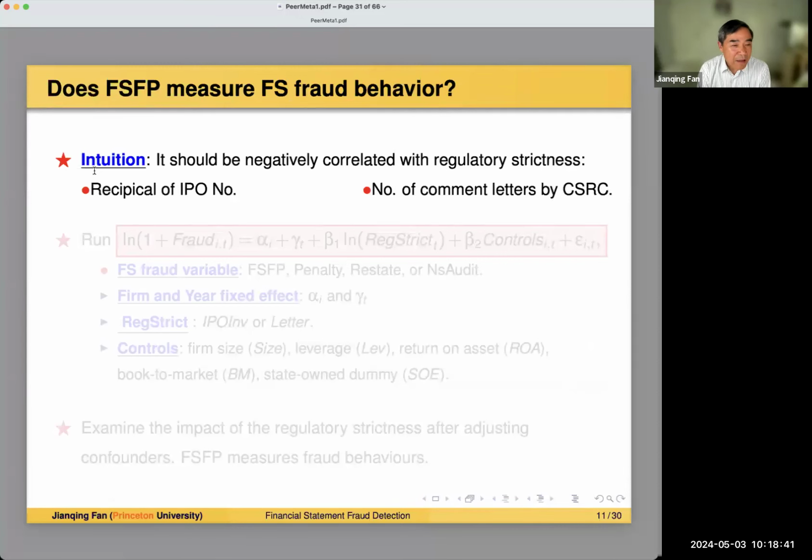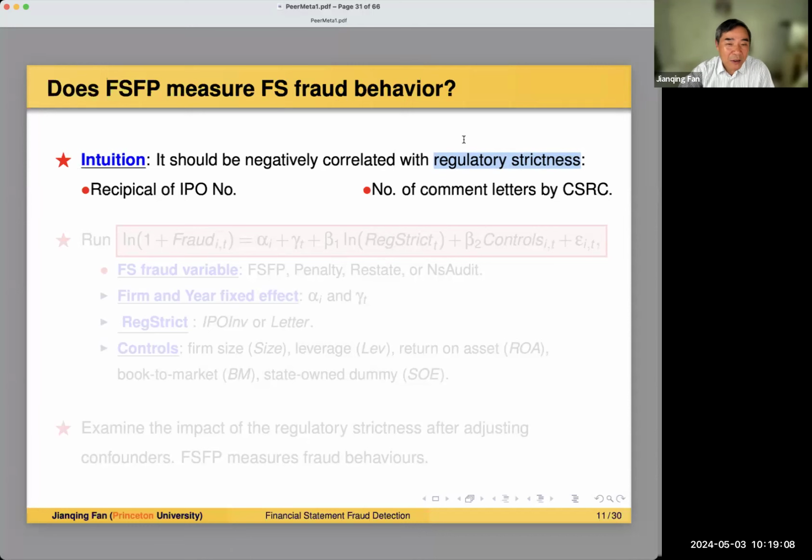And then the next thing we may ask ourselves is, does the financial statement measure capture fraud behavior? And this is the intuition. If the financial statement propensity score measures fraud behavior, then when the regulatory environment is more strict, the propensity score should be lower, right?